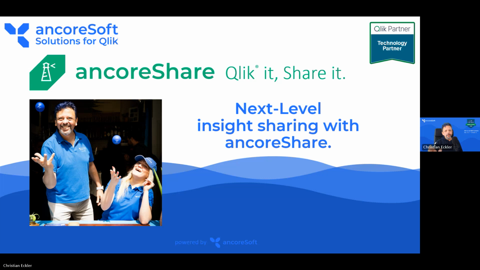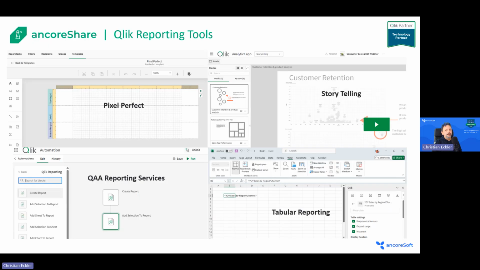But at first, let me start with a big question. Why consider an additional reporting solution when Qlik offers so much? Or does it? Qlik has developed many different reporting tools in the last years. There is tabular reporting, reporting services in Qlik Cloud, storytelling, we all know that. And the latest innovation was pixel perfect reporting.